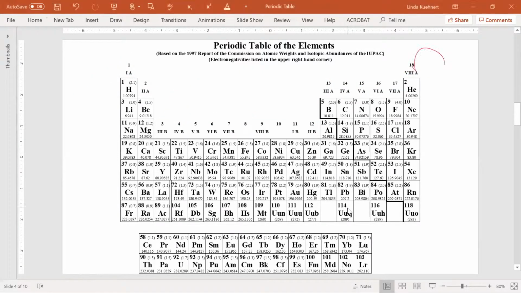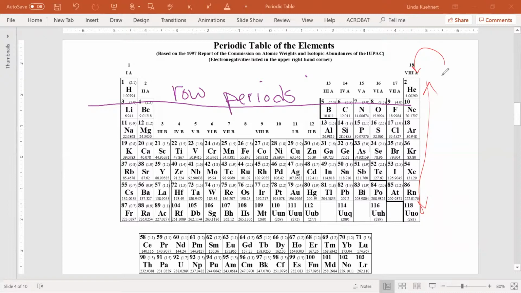We have columns in the periodic table, and that is going to be our vertical area here. If you are an element in a column, you do the same type of chemistry. We also have the horizontal part of the periodic table, and these horizontal rows we call periods.